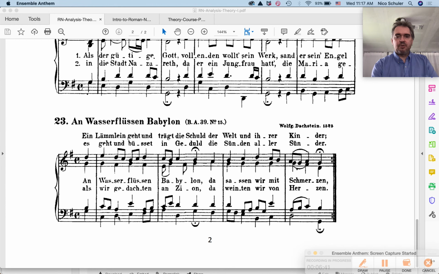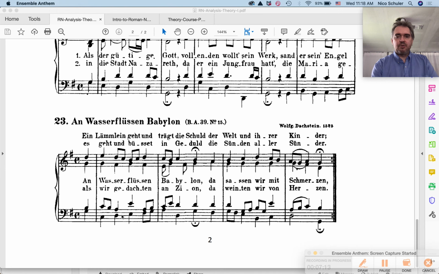Now here we have a D chord, D, F sharp, A. The F sharp A is a Roman 5. And then we have this motion down here. Now this C is best not to be analyzed as a passing tone, but to be analyzed as a chord tone, because whenever we have a Roman 5, it is best to analyze the seventh as a chord 7th.